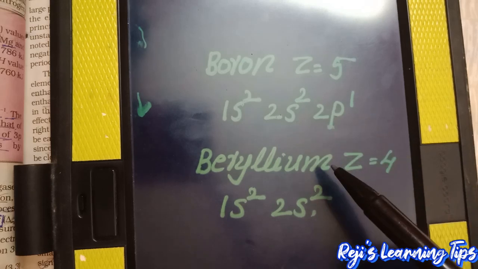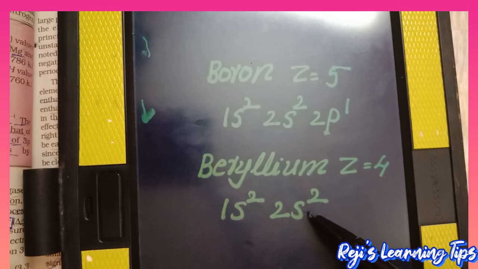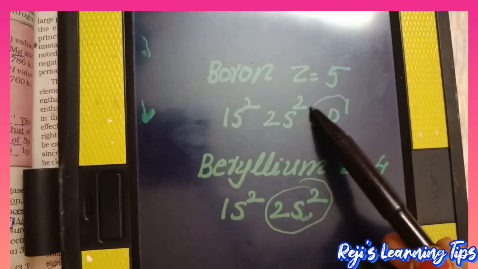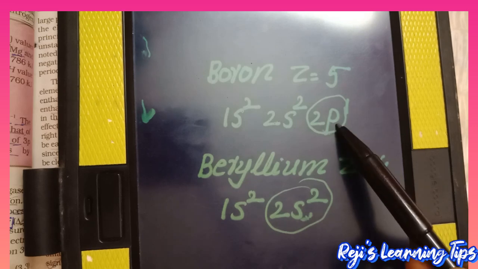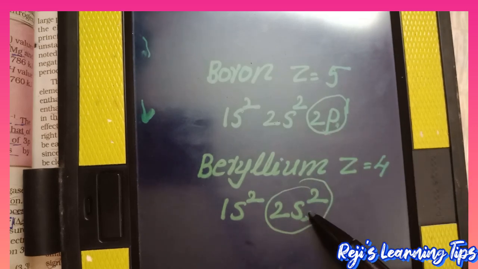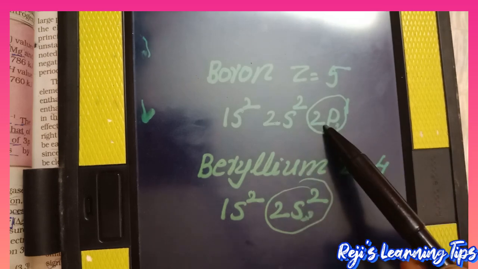In beryllium, the electron removed during the ionization is an s electron, removed from the 2s orbital. But in the case of boron, the electron is removed from the 2p orbital. A 2s electron penetrates more to the nucleus than 2p electrons.